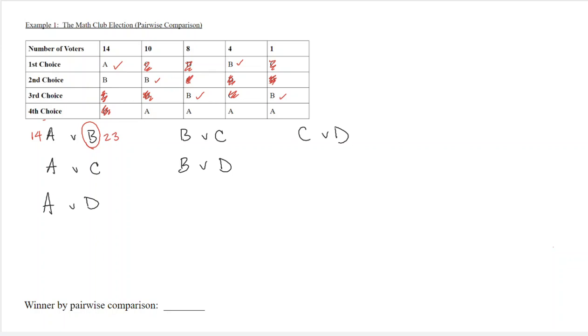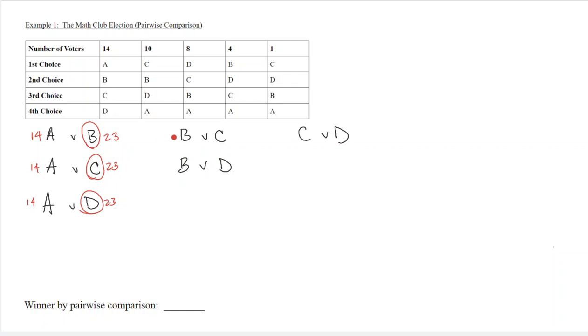And then you go through and you do the same process for all of the other matchups. I am not going to write those out in as much detail. I'm just going to go ahead and skip straight to the results. So in A versus C, it is also 14 to 23, so C wins. A versus D is 14 to 23, D wins.